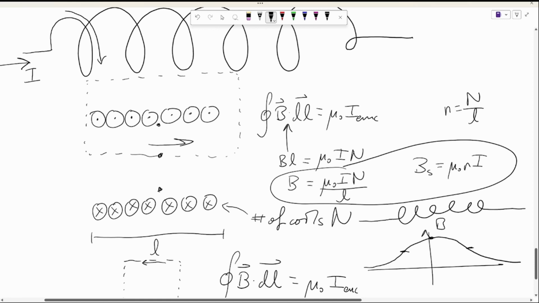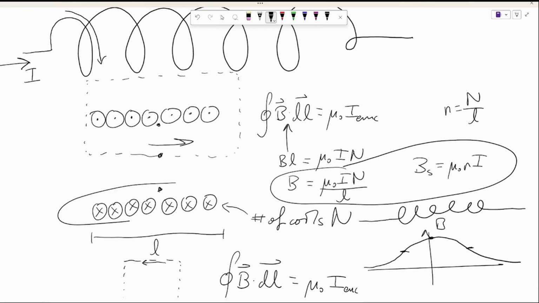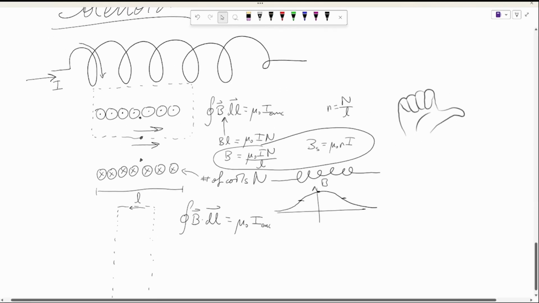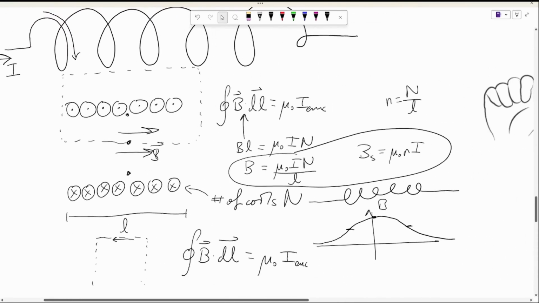And if you do the same thing for the bottom wires, then your thumb should point into the page, and you'll find the B field does this, which means, again, in the middle, it's pointing to the right. So B field points to the right inside the solenoid, and then it points left outside the solenoid. I'll draw a better picture in a second.